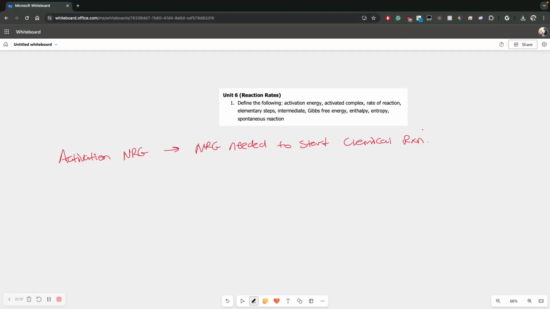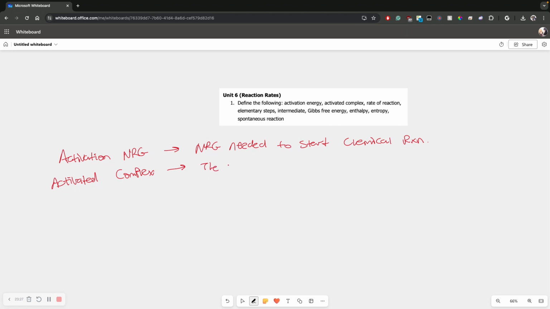And then we have activated complex, right? I have to write this out, give me a second. Activated complex is at the top of your chemical reaction, like the curve, right? This is where your products are first formed.